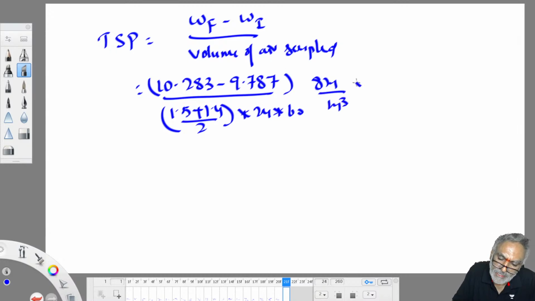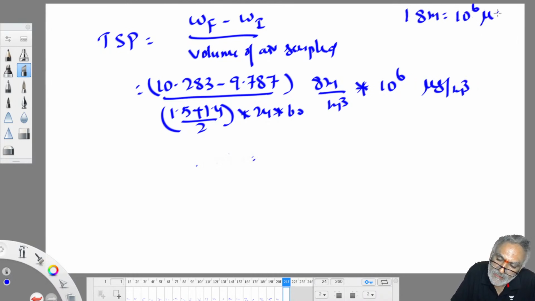You will get gram per meter cube, but I have to work out in micrograms. 1 gram is equal to 10 power 6 micrograms. So multiply with 10 power 6, you will get microgram per meter cube. That's it.